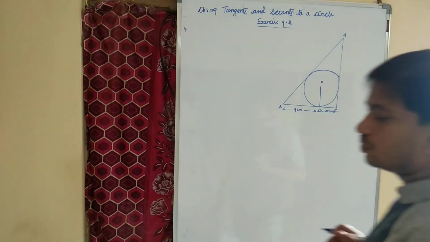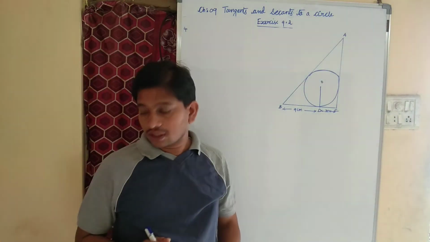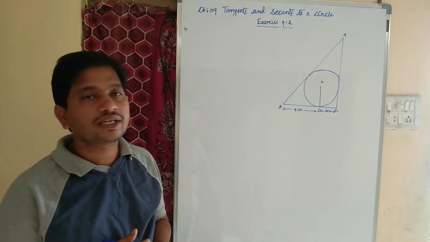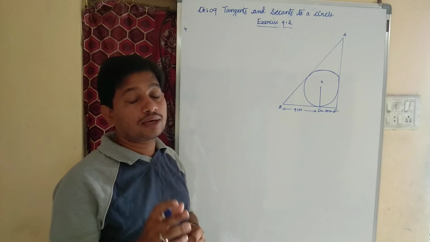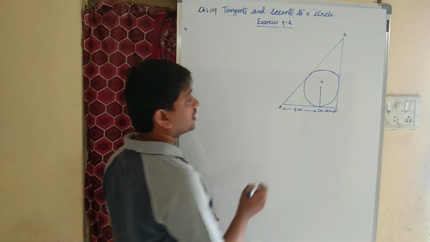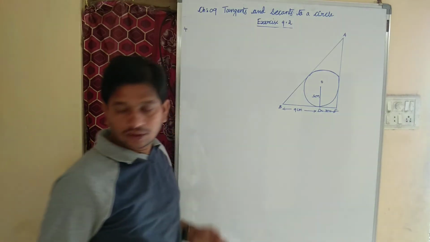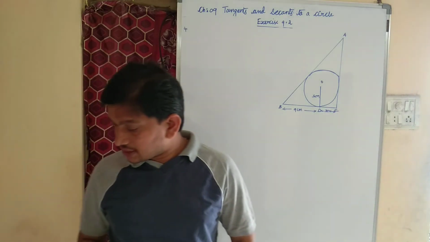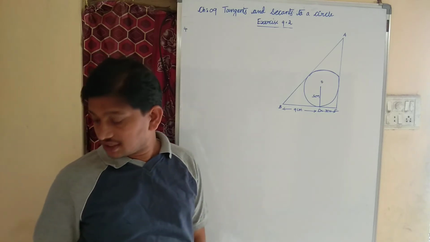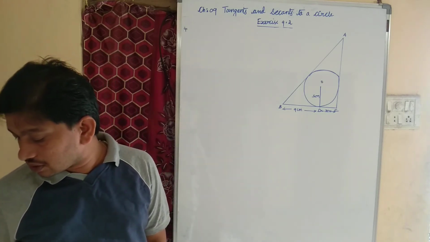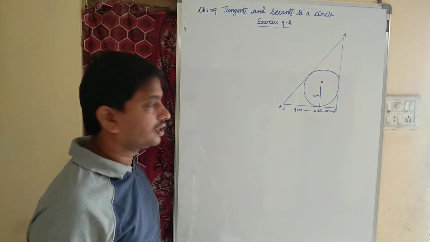Now coming to question number 4. A triangle ABC is drawn to circumscribe a circle of radius 3 cm, such that the segments BD and CD into which BC is divided by the point of contact D are 9 cm and 3 cm respectively.